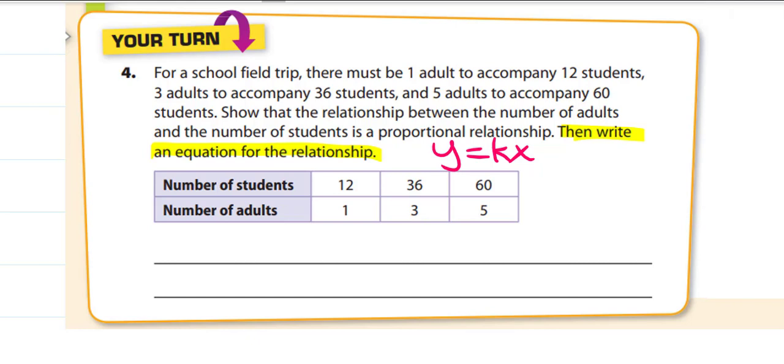Okay. So pause that. I'm actually not going to do this one in the video. I'm going to leave this and check this one in class when I check through your notebooks. So pause that. Try that one.